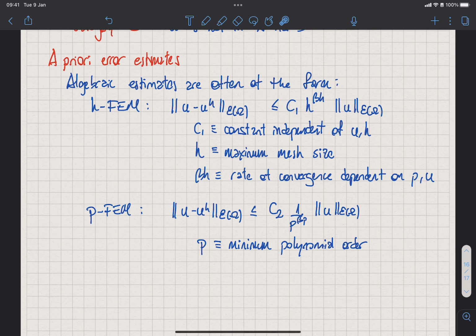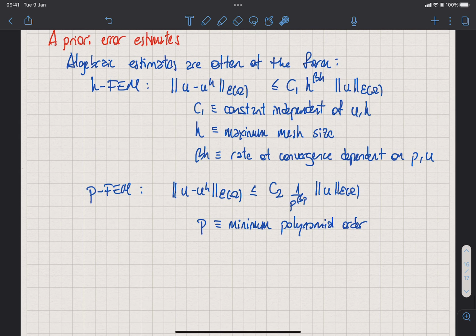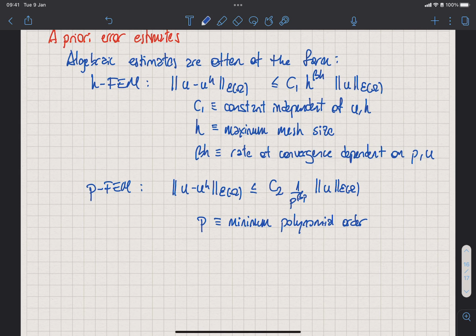We have the exact solution, and sometimes you can do this by integrating this quantity over the element. It's the exact solution minus the approximate solution divided by this term here, and you get a relative error. So these are the algebraic estimates.